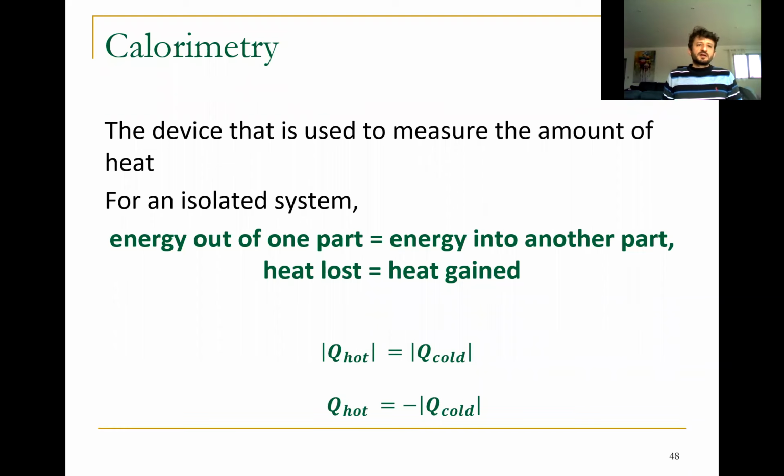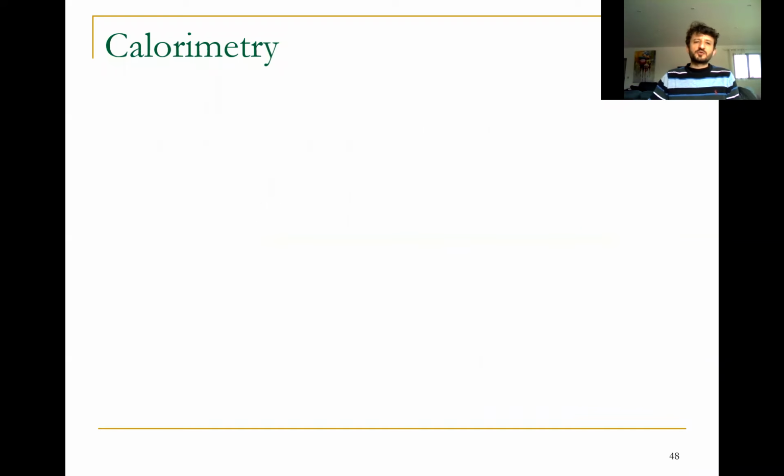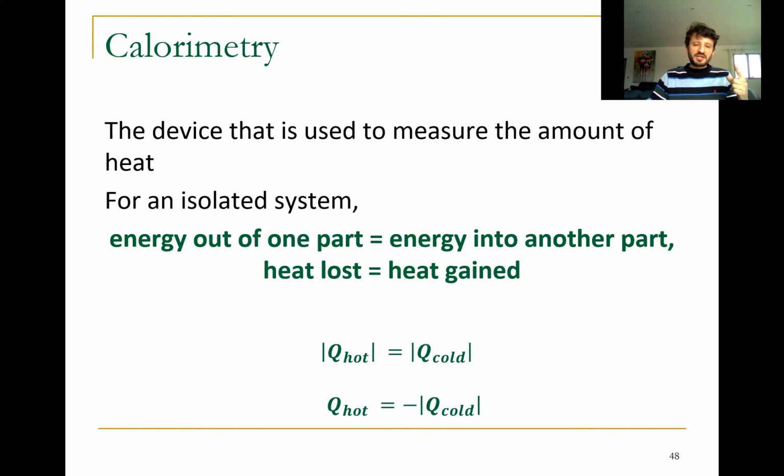Calorimetry. I don't want to go into details to explain calorimetry, I just want to do one application. In general, a calorimeter is a device that's used to measure the amount of heat.